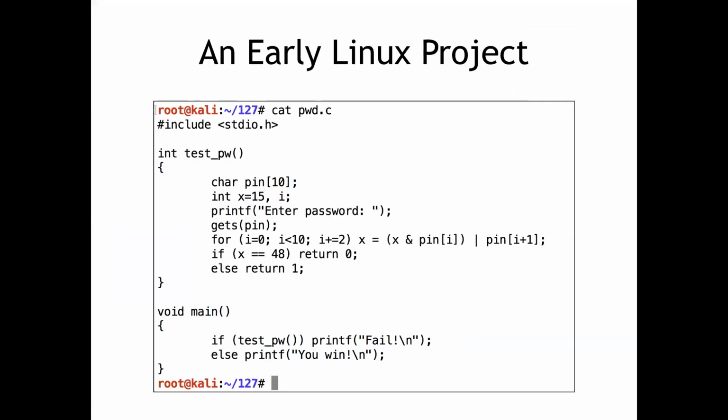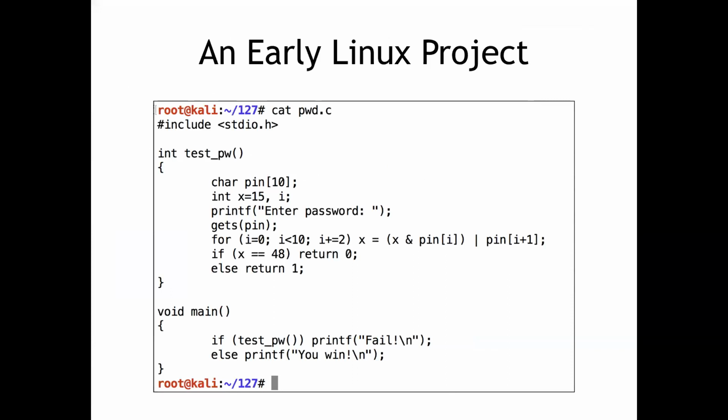So remember, in Linux, you had GCC, and here's a simple program that we used before. The point of this program is just that you have a main routine and a subroutine, and the subroutine has a buffer overflow. So you can overflow it, and when it tries to return at the end of the subroutine, you can hijack the extended instruction pointer and execute this part that says you win.